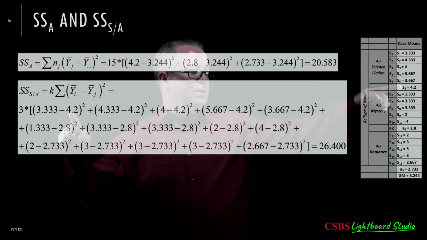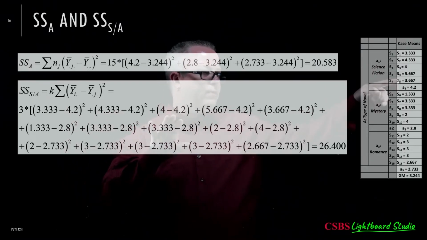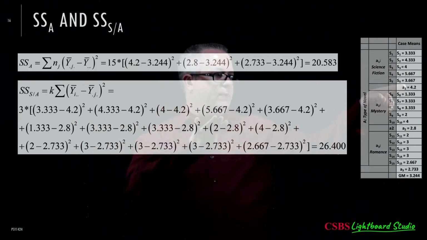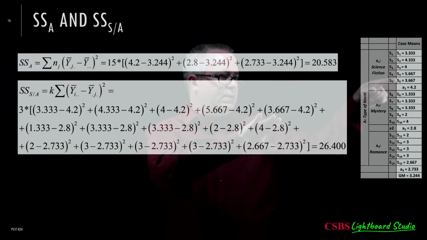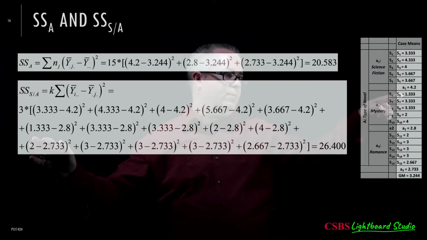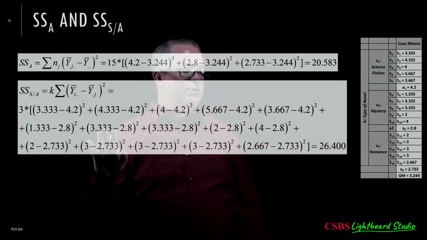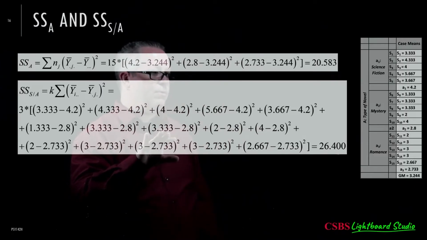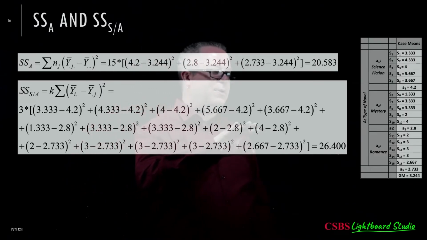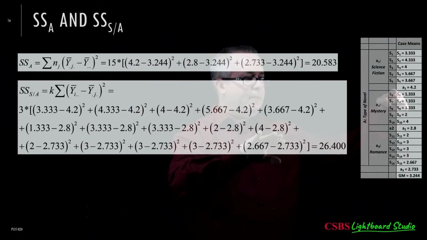This is all like the within groups. 4.333 minus 4.2, 4.4 minus 4.2, 5.667 minus 4.2, 3.667. So it's just everybody in the first group around their own group mean. Second group, 1.333 around its group mean of 2.8. 3.333 minus 2.8, again 3.333 minus 2.8, 2 minus 2.8, 4 minus 2.8. That's everybody in this first group.